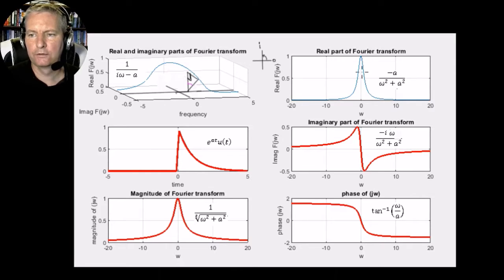The real even part is given by minus a upon omega squared plus a squared, which is the analytic version of this function, and the imaginary part is given by minus i omega upon omega squared plus a squared. This is the analytic description of the imaginary odd part of this function.